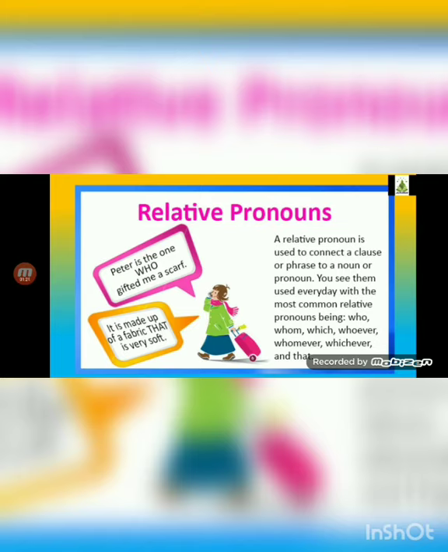So children, let us understand relative pronouns. For example, I like rasgulla. Rasgulla is a popular sweet. I like rasgulla, which is a popular sweet. So which over here refers to the relative pronoun.